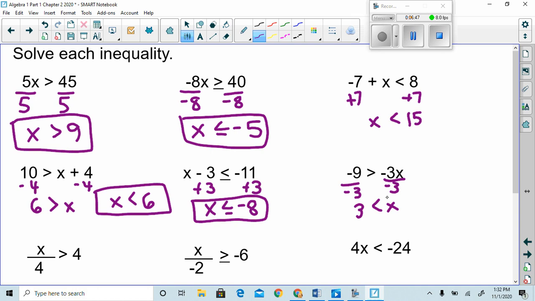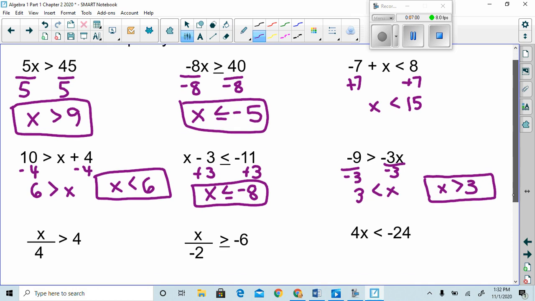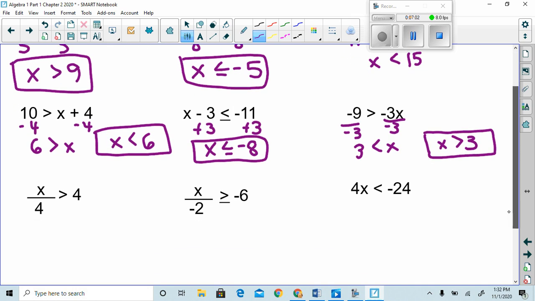But once again, I need to write my variable first, so this was a double reverse. It reversed once for the negative, and it reversed a second time to get the variable first. The next problem is a division, so we'll multiply both sides by 4. I get x is greater than 16.